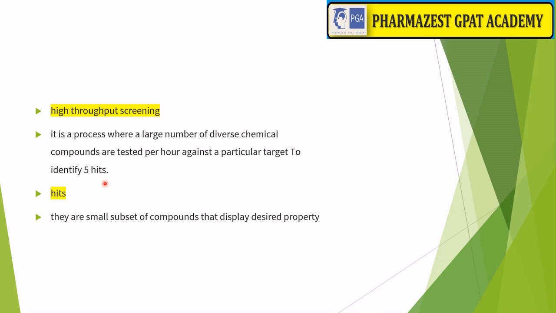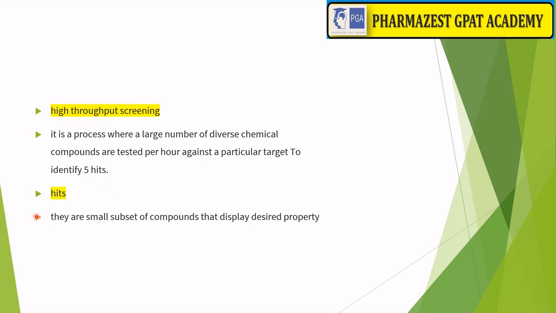As I discussed earlier, high throughput screening is a process where a large number of diversified chemical compounds are tested per hour against a particular target. The target molecule is the site where the action has to be shown, to identify the hits.